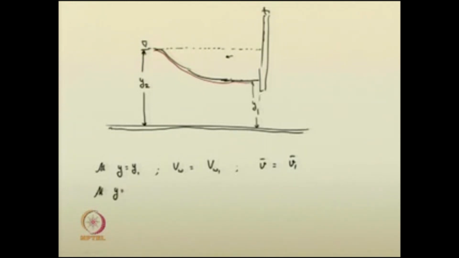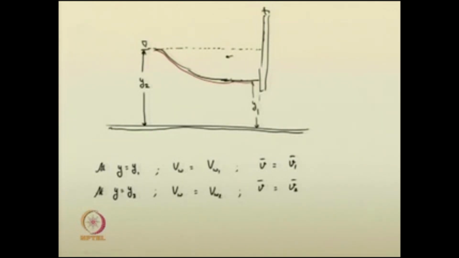At y is equal to y 2, we have V w is equal to V w 2 and V bar is equal to V 2 bar. V 2 bar is a known quantity, because that was the velocity existing before the raising of the sluice gate.